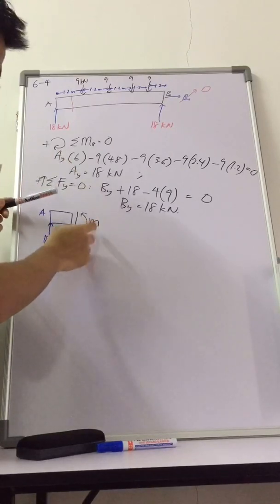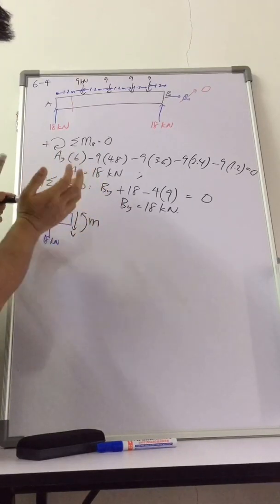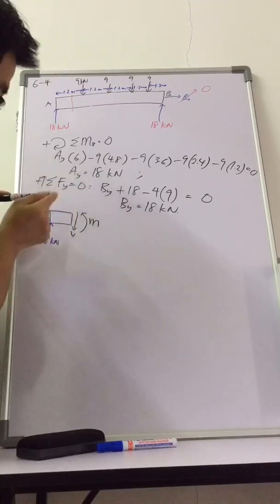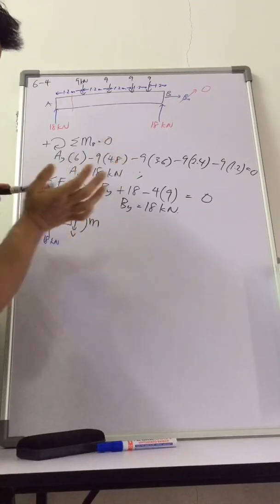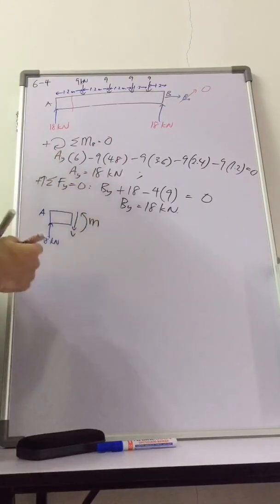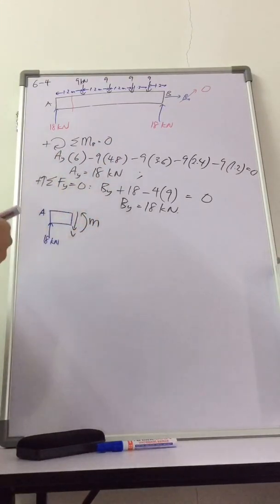While for bending moment, it will cause the bottom part to be in tension and the top part to be in compression, right? So this is the positive sign convention.